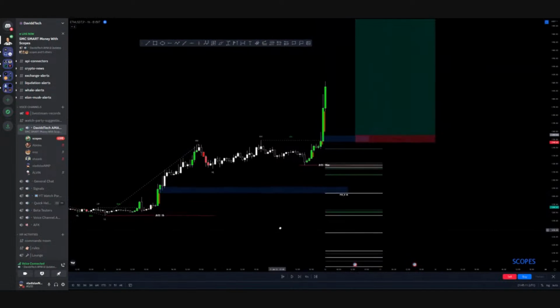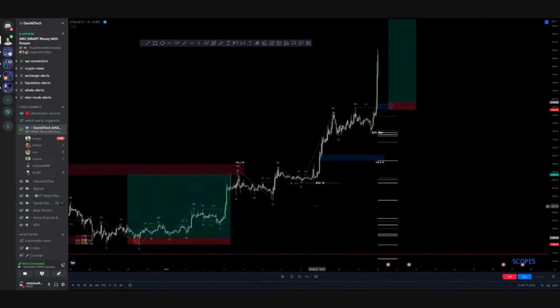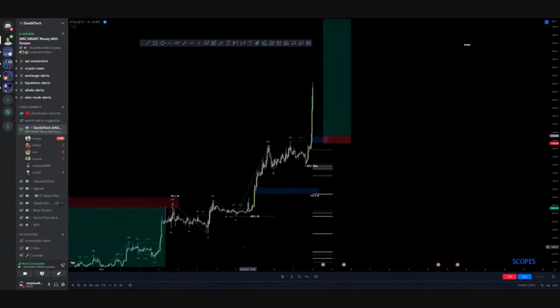So, but this trade here, because the price didn't come back down after a break of structure, I did have an alert here.